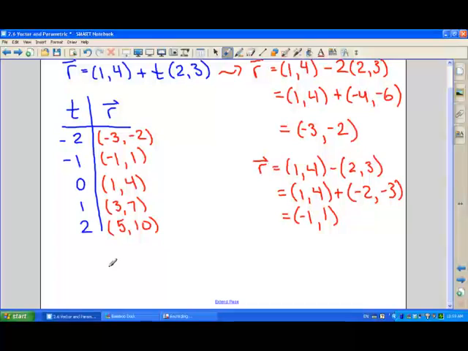So to formalize this, any vector can be written as its starting point plus a parameter t times a direction vector.